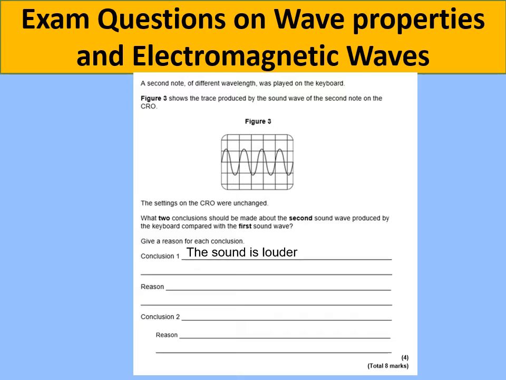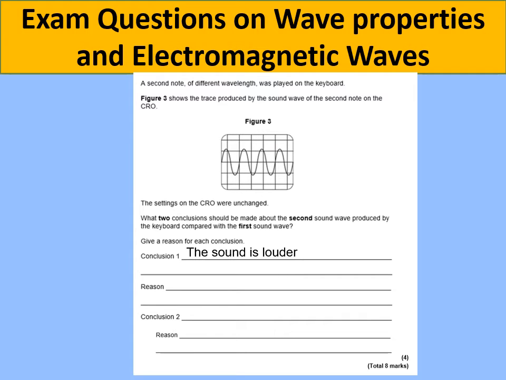So here we have the second note of a different wavelength as played on the keyboard. Figure 3 this time shows the trace produced by the sound wave of the second note on the CRO. We've got to compare the 2 traces, so figure 2 and figure 3, and the settings of the CRO were unchanged.